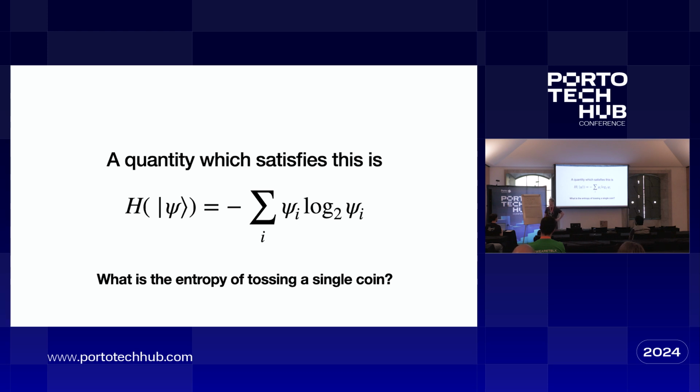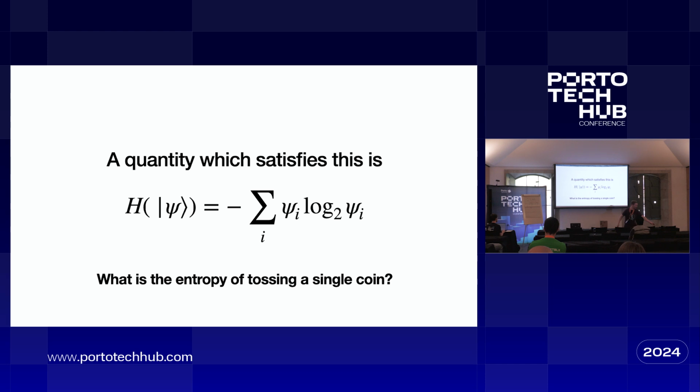What's log of one half? Negative 1. Sorry, log base 2, yes. We're always working in log base 2. Yep. Okay. So, the entropy equals 1 bit. Huh? Big surprise. Not a surprise at all. We know what 1 bit of information is, no?